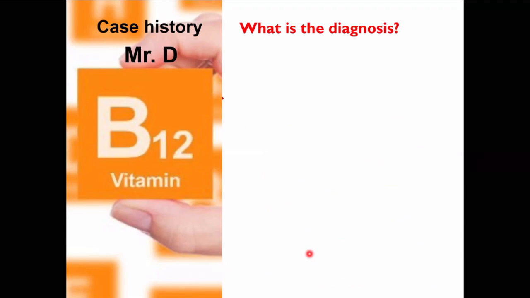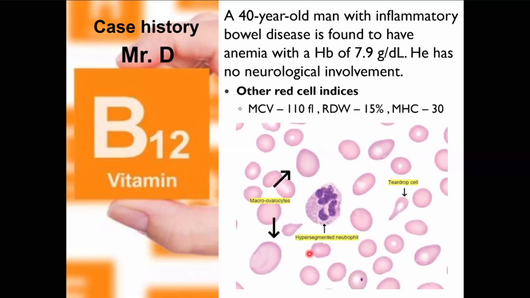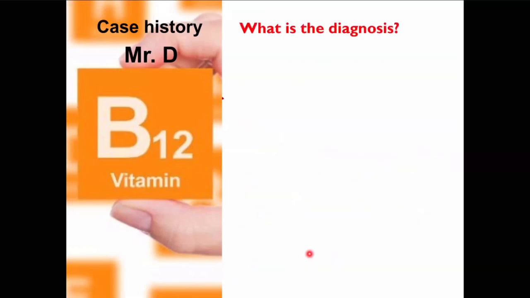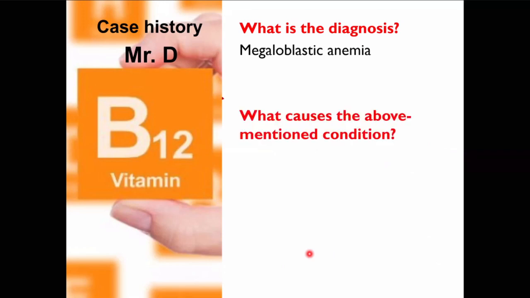When do we get hypersegmented neutrophils with macrocytes? B12 deficiency, megaloblastic anemia. Yes, so there is a megaloblastic anemia. And the causes for megaloblastic anemia? B12 deficiency, alone or in combination with folate deficiency.